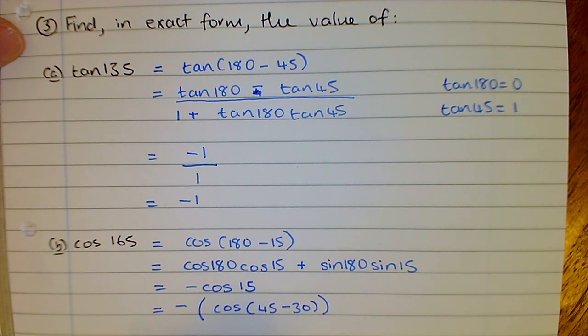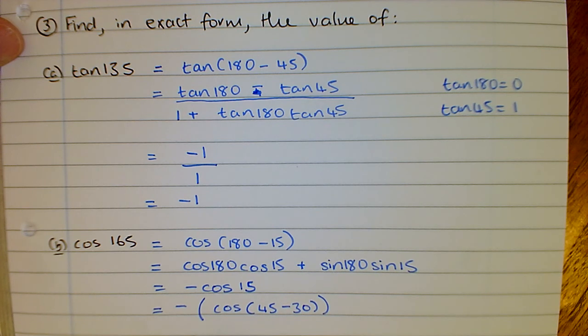So cos 45 is root 2 over 2. Cos 30 is root 3 over 2. Sine 45 is root 2 over 2. And sine 30 is 1 over 2.